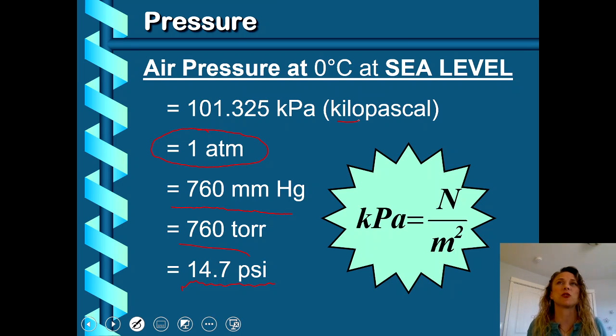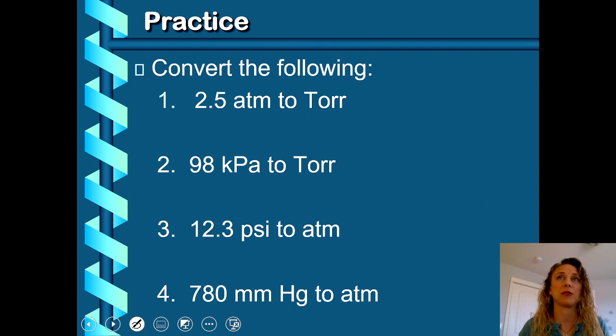So they're all proportional, which makes the calculations kind of easy. So we call this air pressure at 1 ATM, 760 millimeters of mercury, or torr, 14.7 psi, 101.325 kilopascals at the ocean sea level at 0 degrees, at standard temperature and pressure.